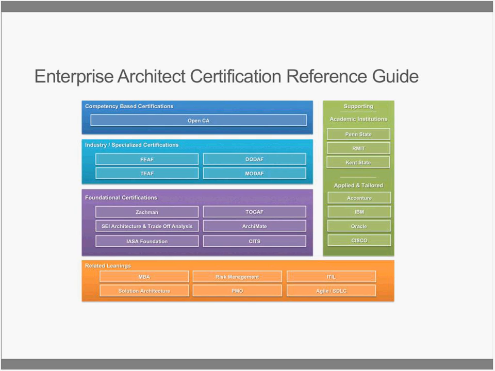Now, regarding certifications and learnings here on the right-hand side in the green, you'll see academic organizations. I mentioned Penn State University. They've got a great program. I think they're really setting a standard for how to do this in academia.